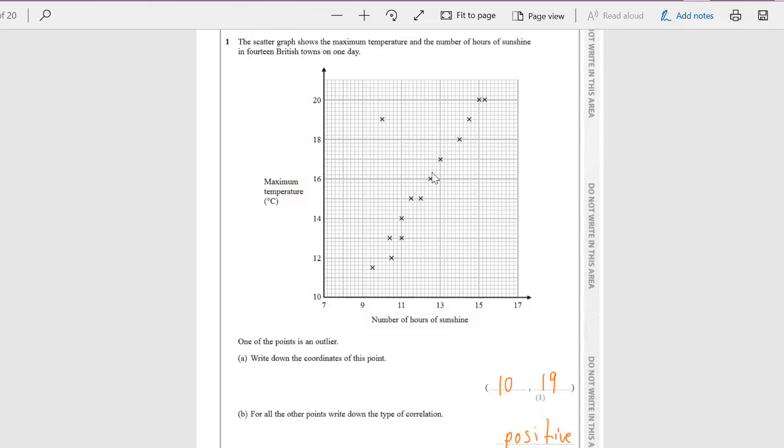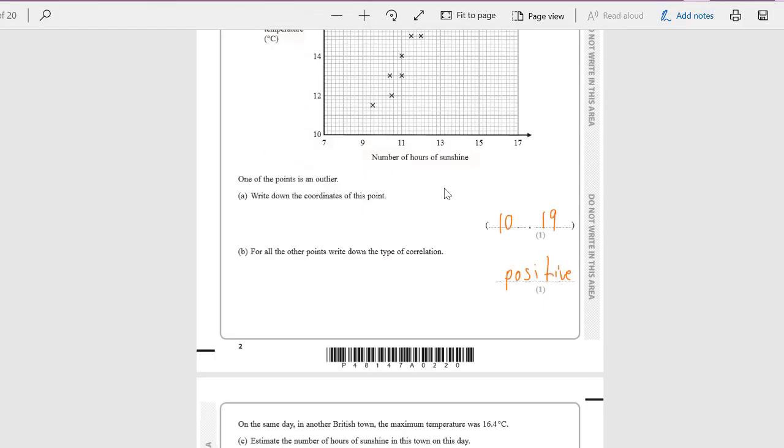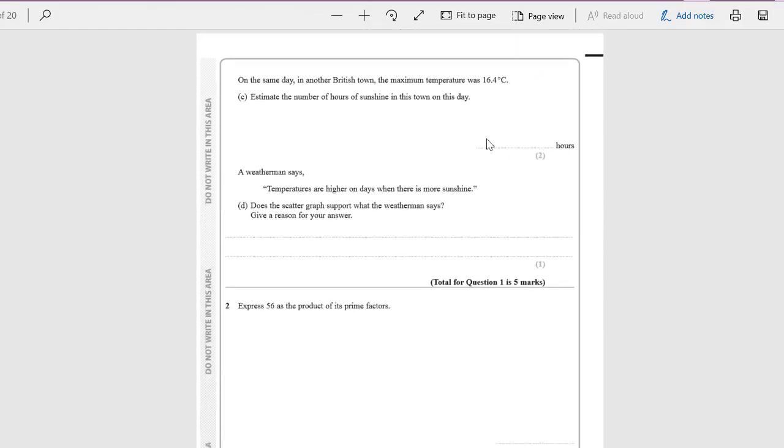If we draw a straight line and come back down, it'll be around 12.8, 12.9, but obviously it depends on how you draw your line. As long as you've drawn a reasonable line of best fit, I think you could have anything from 12 to 13 as a justifiable answer.